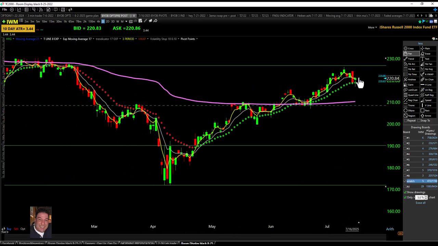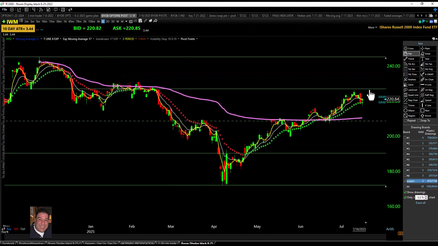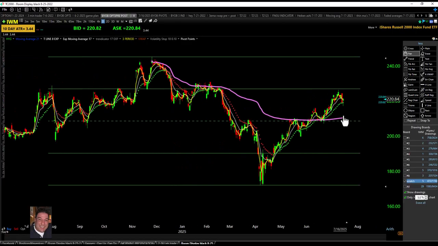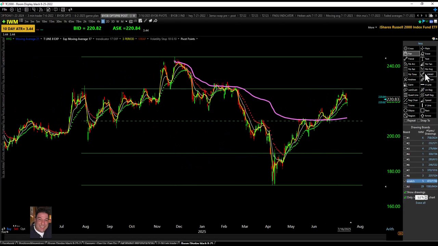Oh, no. If they're in the upper third, that was not quadrant 4. So let's zoom out here, see if we're in the upper third. Yeah, that's upper third right there. So they closed the candle up there in the upper third. That's bullish for IWM.